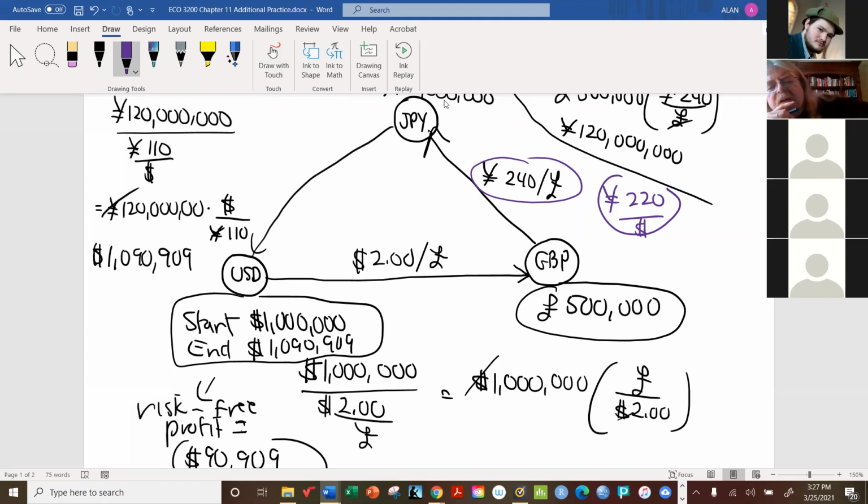And it's called an arbitrage because we're taking advantage of a relatively mispriced exchange rate. It's mispriced compared to the other two, the $2 per pound and the 110 yen per dollar. It's inconsistent with the other two. Therefore, we can make money as long as we know which way to go. All right, and of course the name triangular is pretty self-explanatory. It's coming from the fact that we're following a triangle to make this profit.